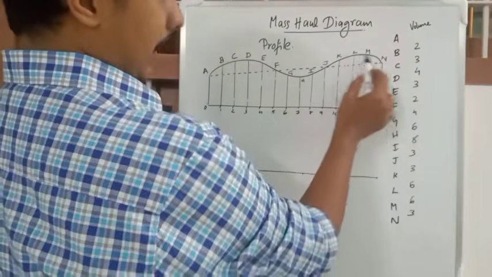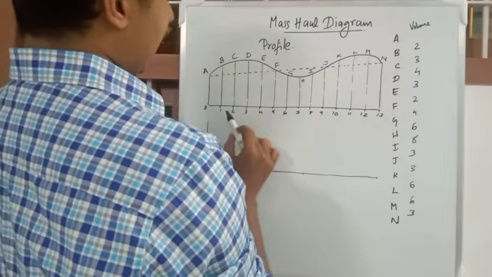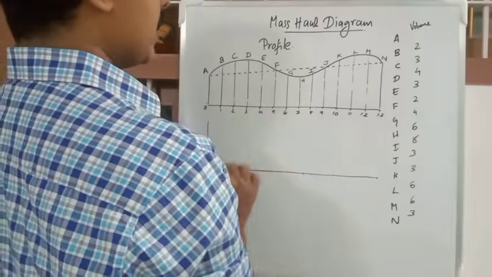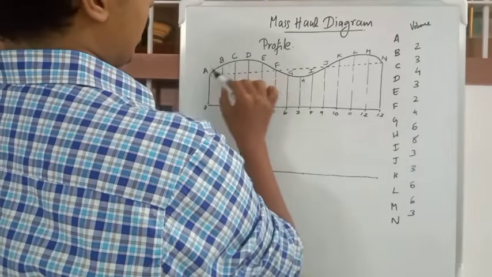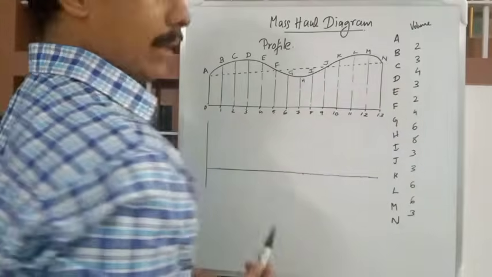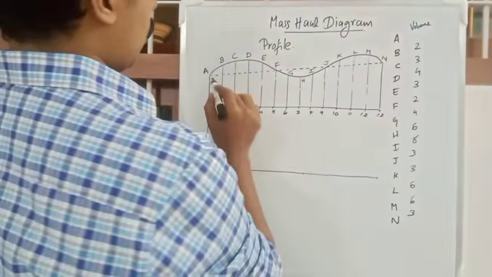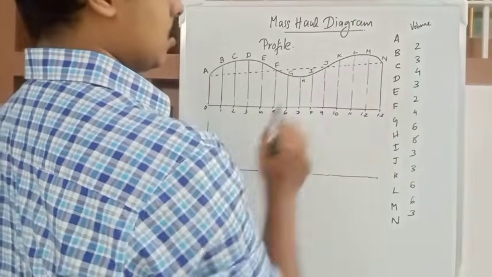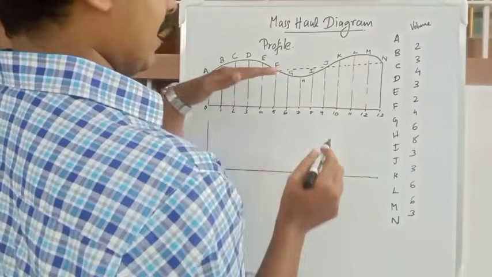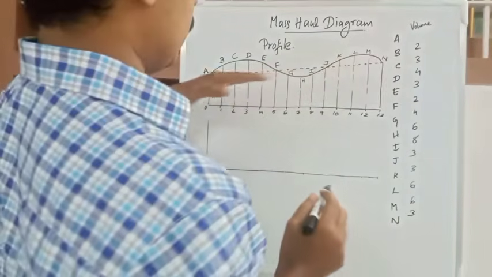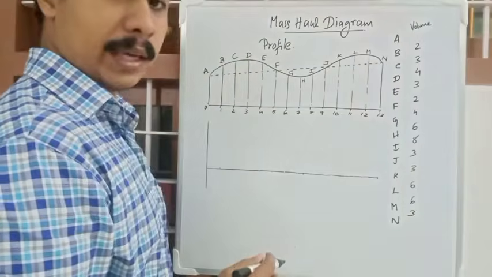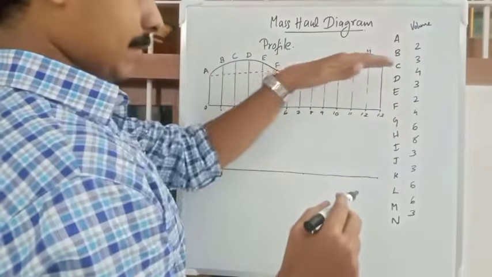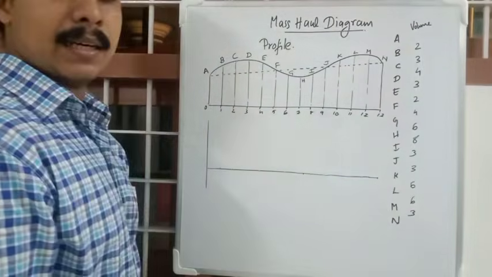This is the shape of that hill, and it is divided into a number of sections, to be precise 14 sections, 0 to 13, denoted by capital letters A to N. This dotted line is the proposed road level that should be established along the sections A to N. The road is supposed to go like this in a slight rising gradient.